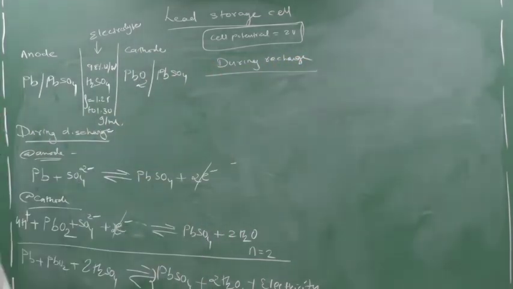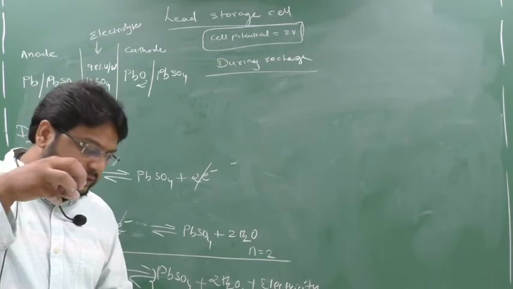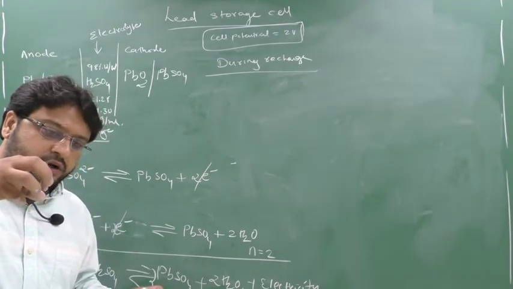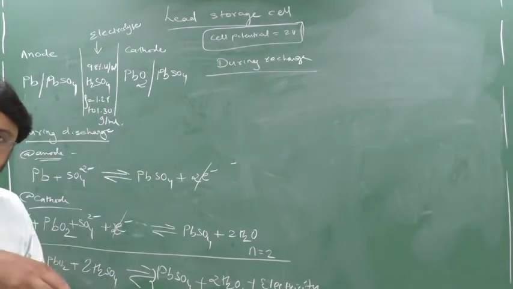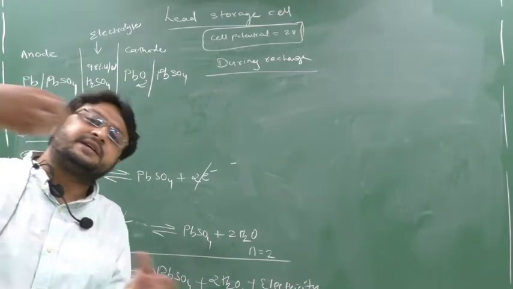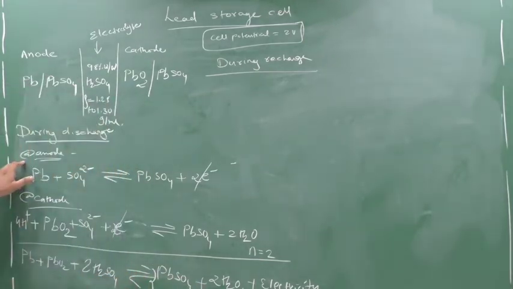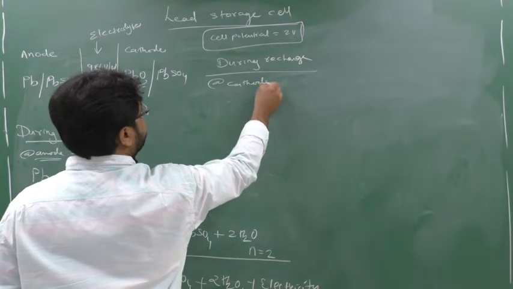See, it's very easy reaction, okay. Now how to remember the recharging reaction? When I supply the electrons, the portion which acted as anode during discharge will act as cathode during recharge, and the portion which acted as cathode during discharge will act as anode during recharge. So at the cathode, the same reaction is written in reverse.